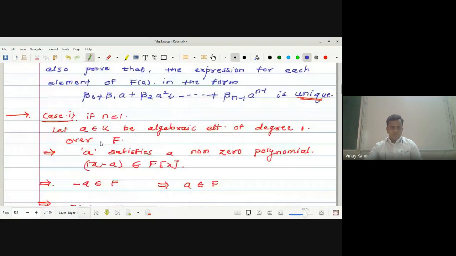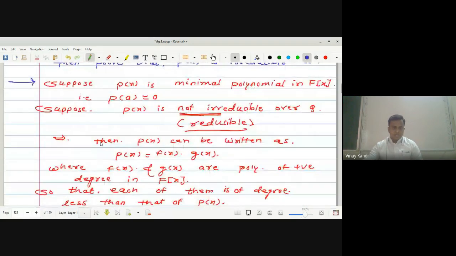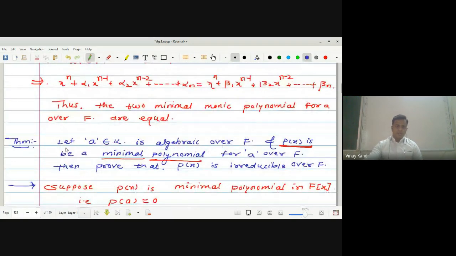In the previous lecture, we proved the converse of this theorem. Look here. Let A be algebraic over F, and P of x is the minimal polynomial for an element A over F. Then prove that P of x is irreducible over F, that is, P of x is an irreducible polynomial belonging to capital F of x.